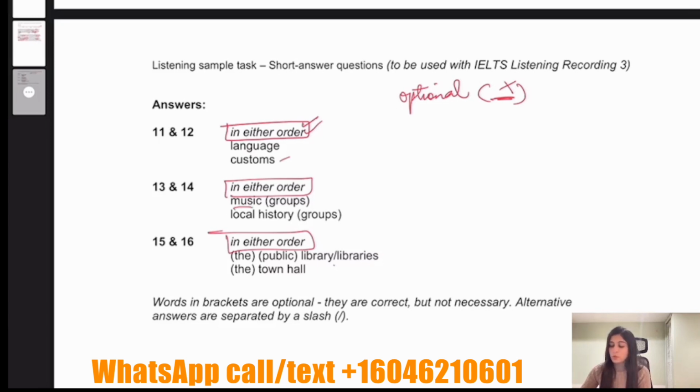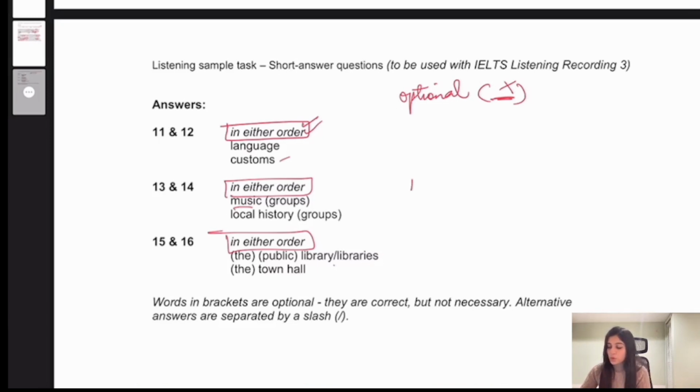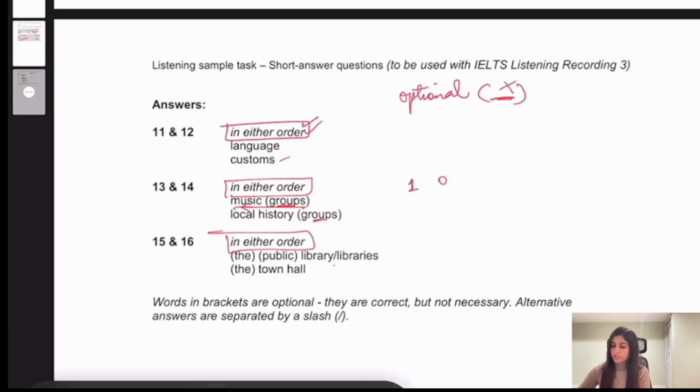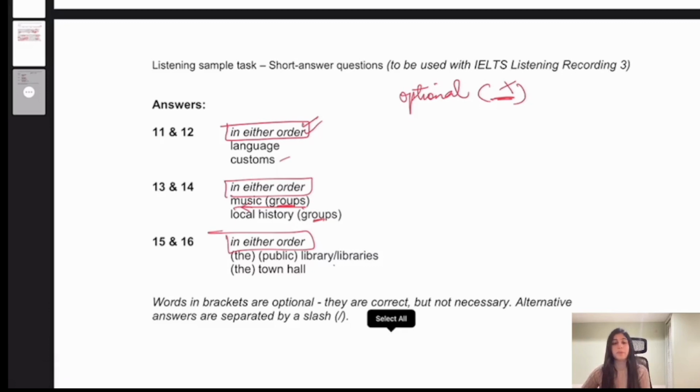So even if you write music, it gives you 1 score. Even if you write music groups, it will give you 1. However, if you just write groups, what is mentioned in the bracket, then you will get a 0. Alright. So the words in brackets are optional, they're not important, they don't impact your scores.